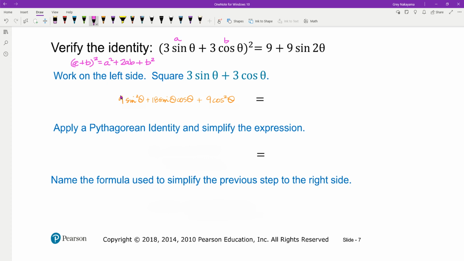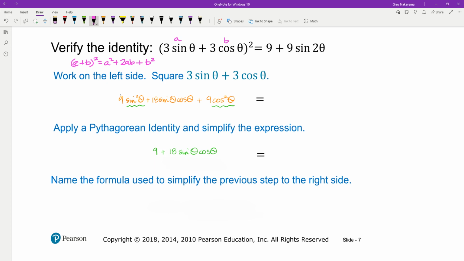So apply a Pythagorean identity and simplify the expression. So as I talked about, that Pythagorean identity is the only one on the front page of that sheet that has squares. So where do you see squares in this problem? It is with the first term and the last term. So I know that the sine squared and the cosine squared together equal 1, but they both have a 9 in front, so it's going to equal 9 times 1, which is just 9.